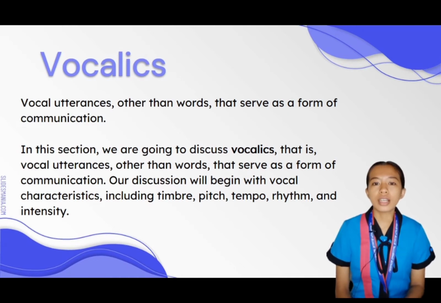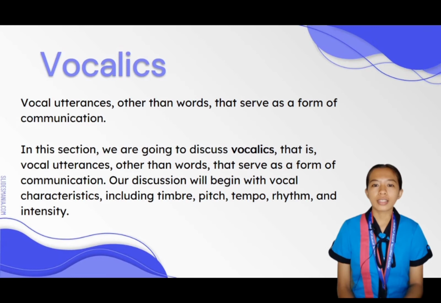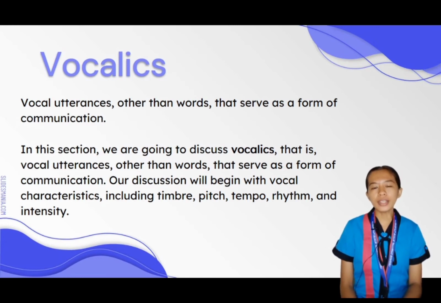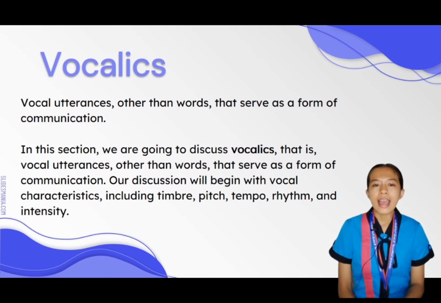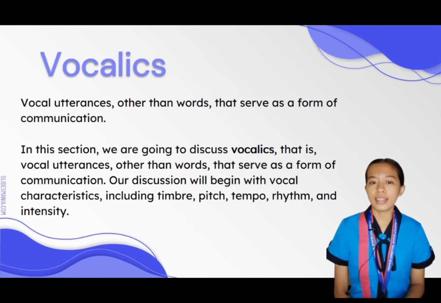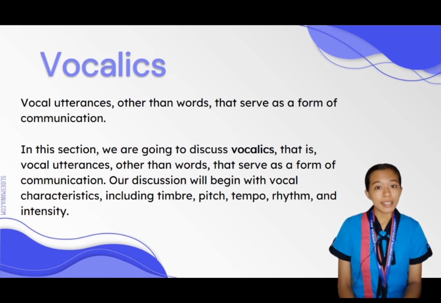So, our discussion will begin with vocal characteristics, including timbre. Timbre is the overall quality and tone, which is often called the color of your voice. The primary vocal quality that makes your voice either pleasant or disturbing to listen to.